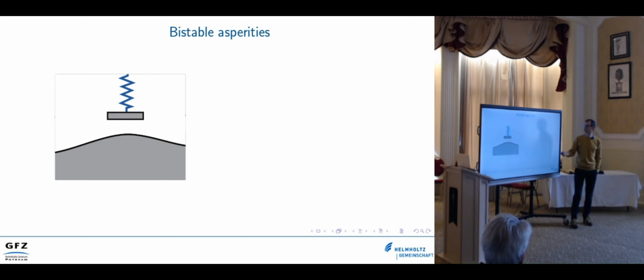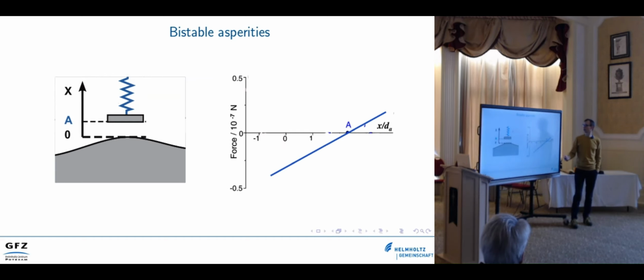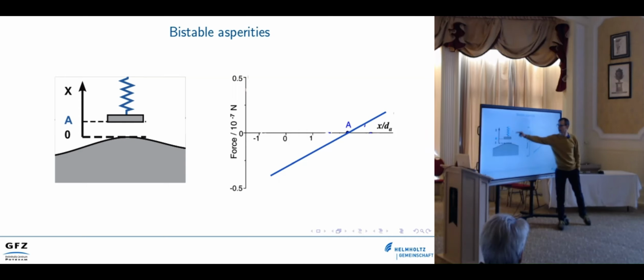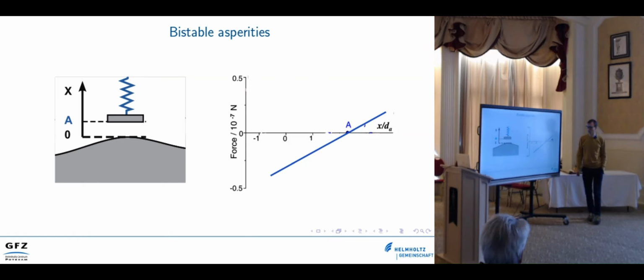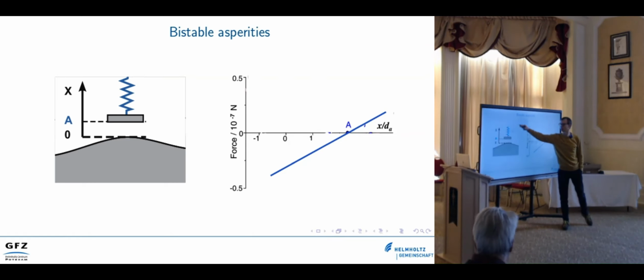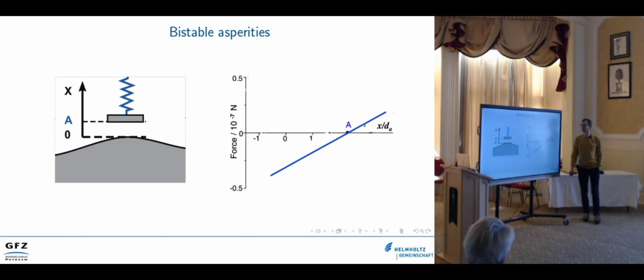And then we can look at the forces that actually act on this contact, and we can assume that the background of this material is elastic. So the force depends on the distance of this spring. When we pull that down, we have a larger force, and when we push it up, we have a negative force.